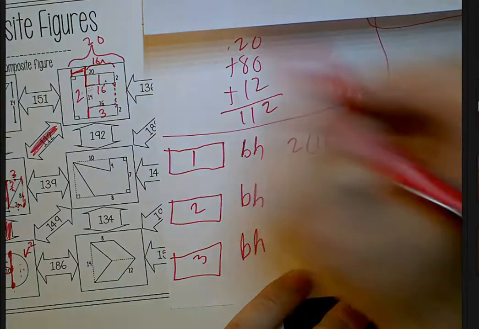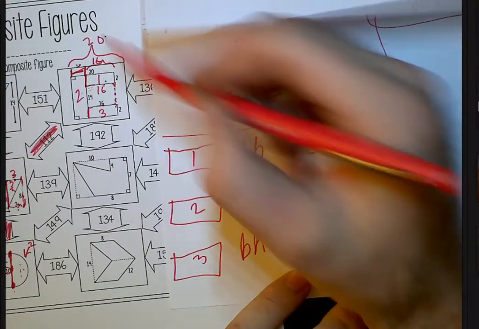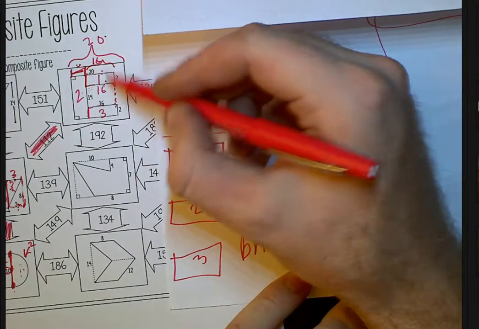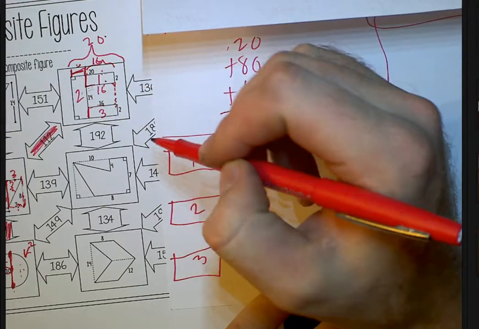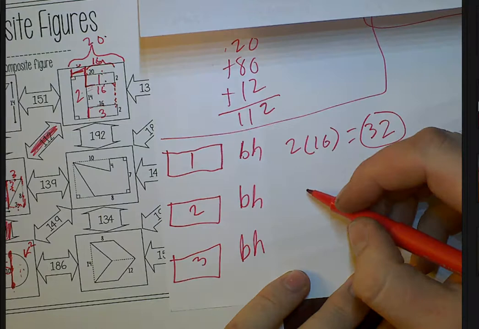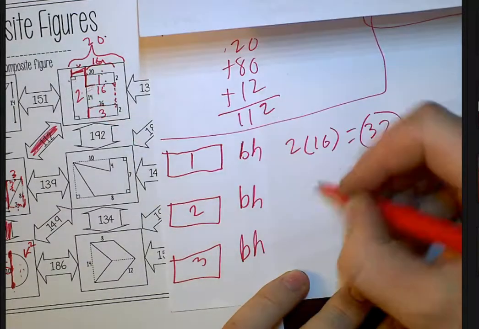So I can find this distance by subtracting 16 from 20. I know it's 16 because this side length is opposite of this side length, which was 16. So 20 minus 16 is 4. So the base of this is 4.